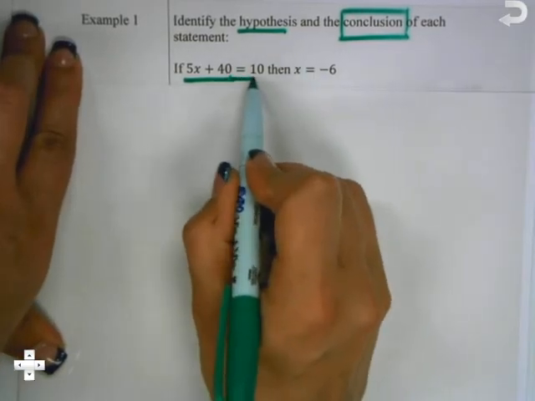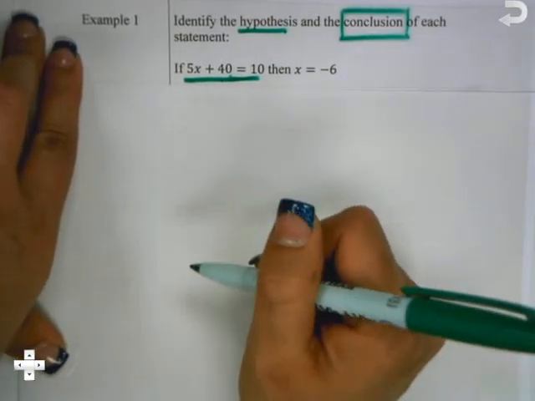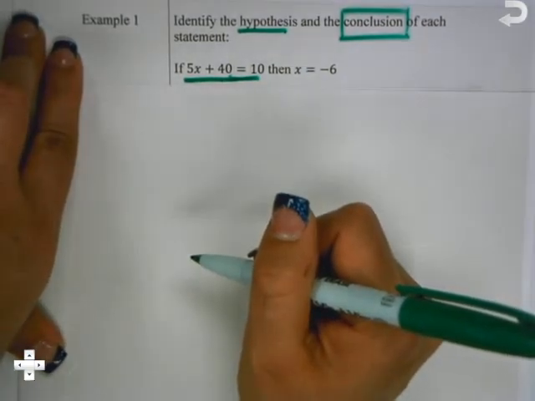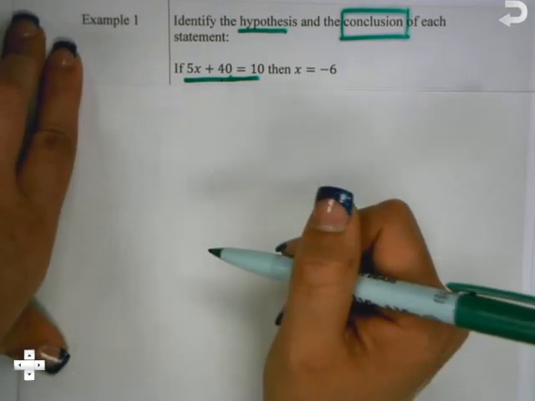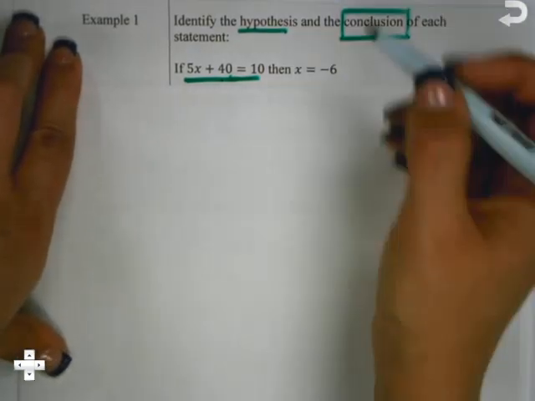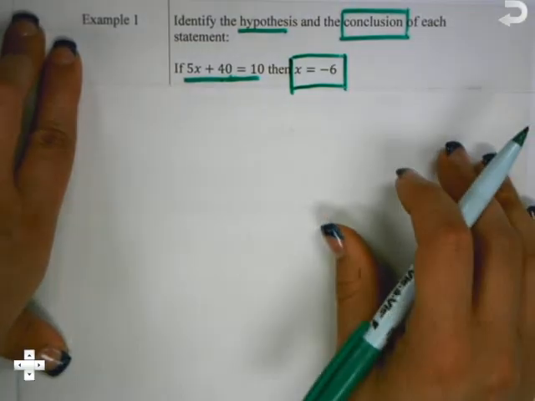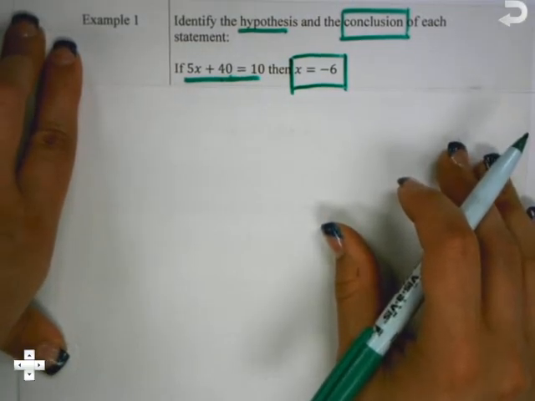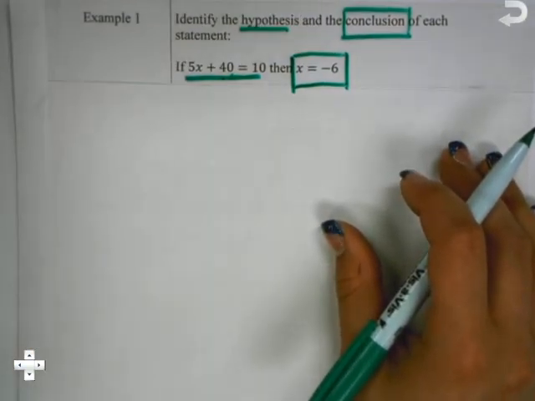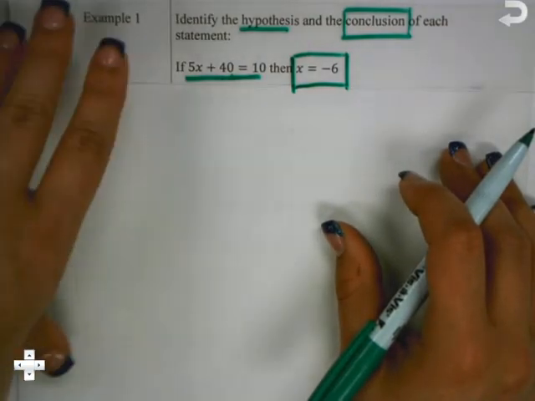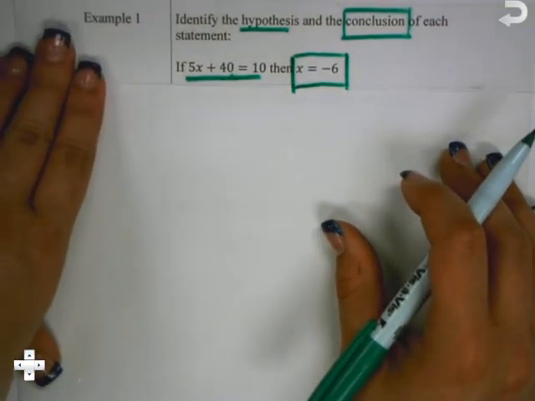That's the hypothesis. The conclusion is the then part, so what's the conclusion? x equals negative 6. That's all we're doing, and I'm not asking if it's true or false. All I want to know is what's the hypothesis and what's the conclusion.